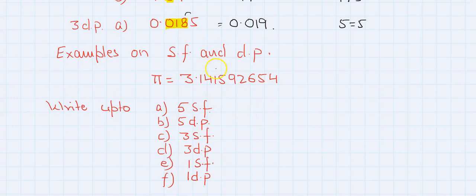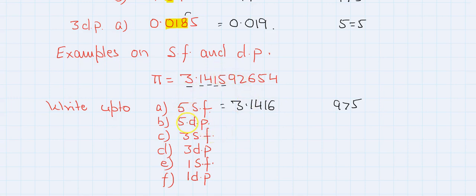So 5 significant figures will be 1, 2, 3, 4, 5. And the 6th number is 9. And 9 is greater than 5. So we will increase this number. So the answer will be 3.1416. This will become 6.